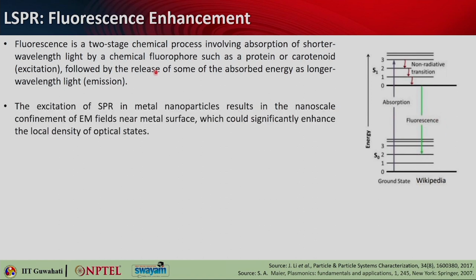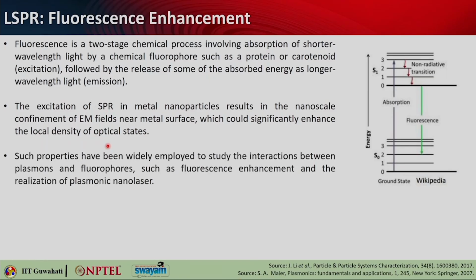Now, again, the excitation of surface plasmon resonance in nanoparticles results in nanoscale confinement of the electromagnetic field near the metallic surface, and that could significantly enhance the local density of optical states. So, that will also allow you to improve the fluorescence effect.